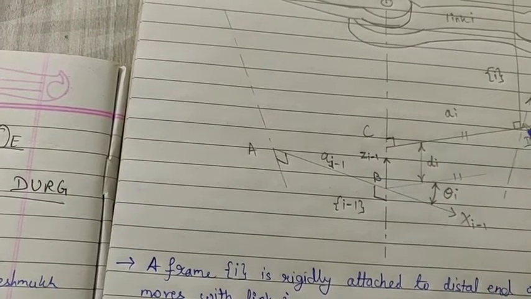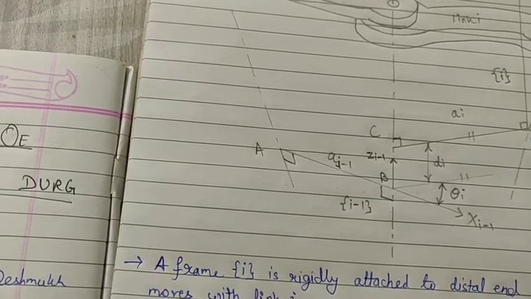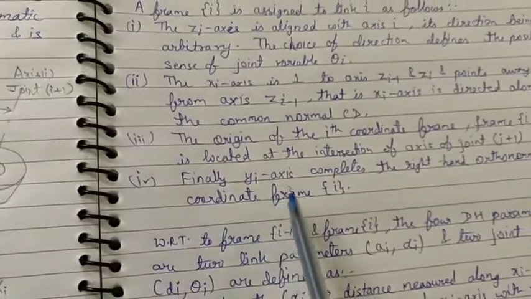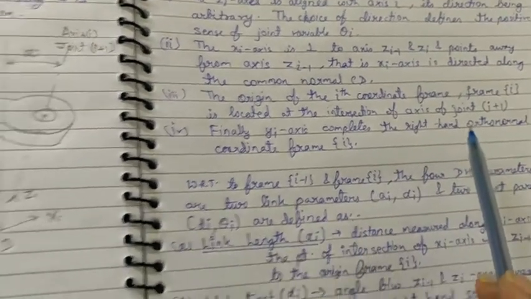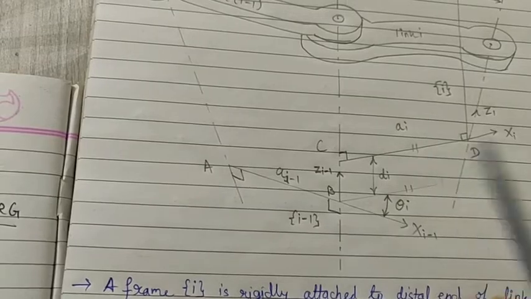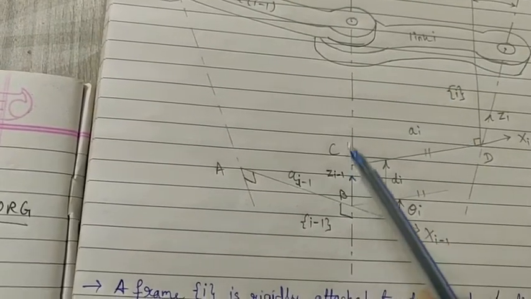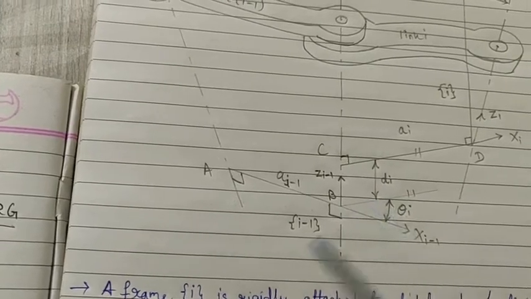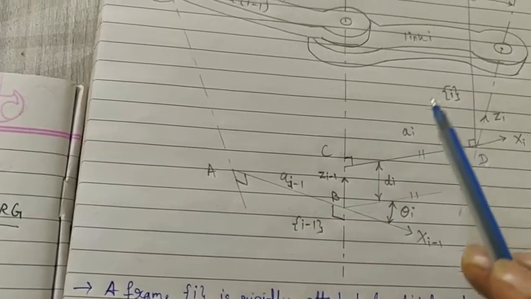This is the intersection point, this is the origin point. Finally, the Y axis completes the right-handed orthogonal coordinate frame I. This is the Z axis, this is the X axis, so by the right-hand thumb rule the Y axis will point inside the page.